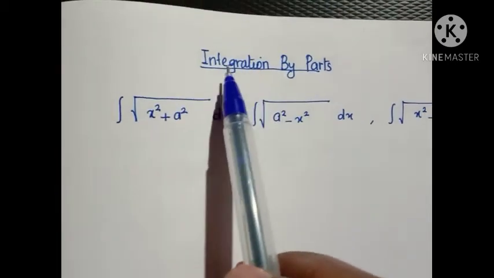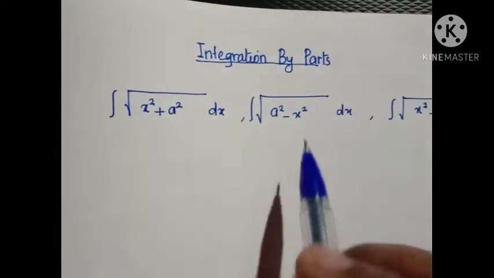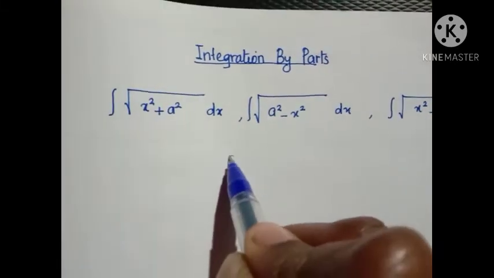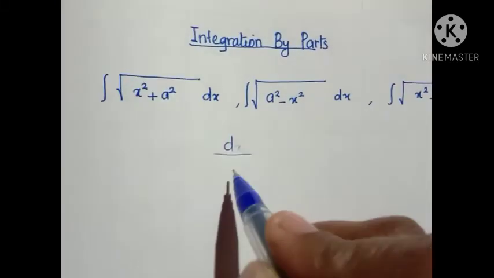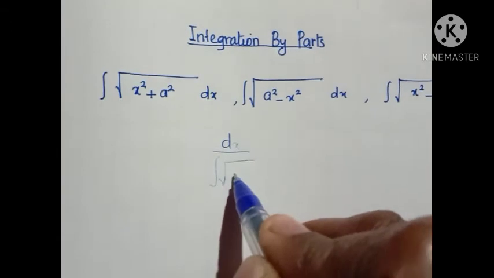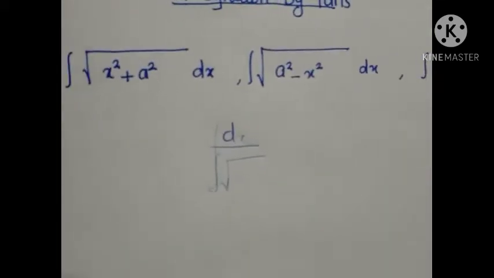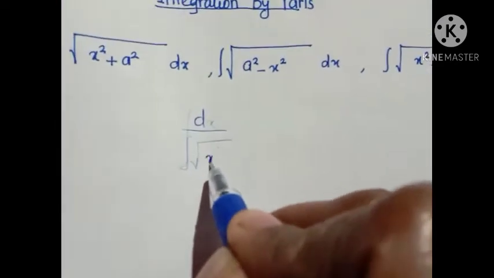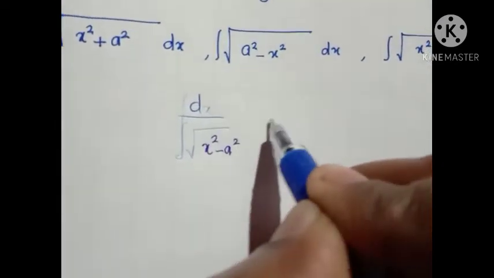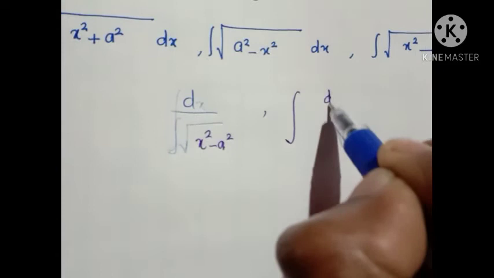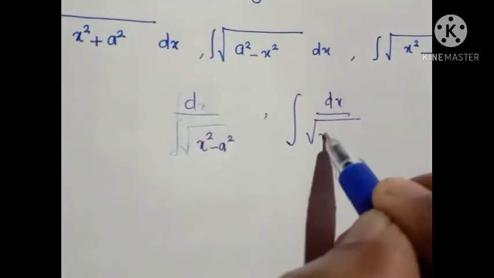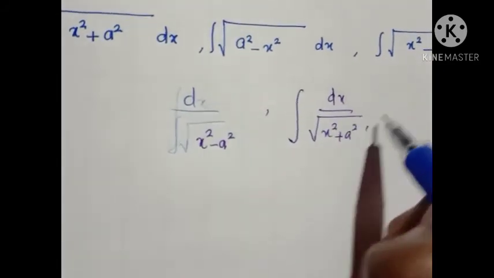Before discussing this method, we already learned some formulae like the integral of dx by root of x square minus a square, then the integral of dx by root of x square plus a square, and so on.